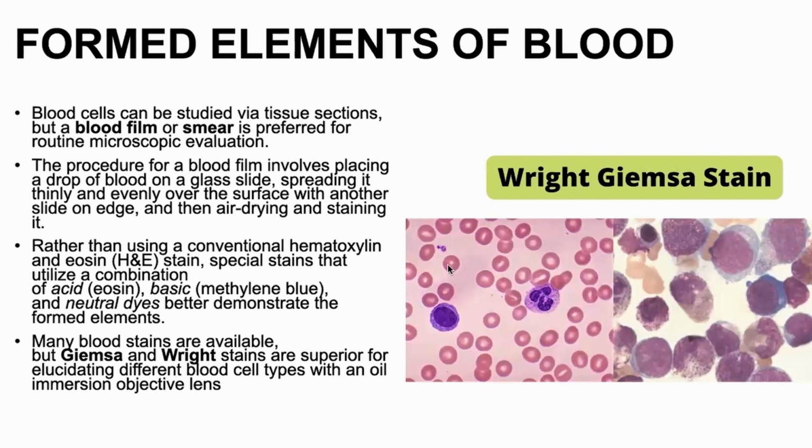In the red blood cells, you can see this central area of pallor, they call it, where you would normally expect to see the nucleus. This is a result of the biconcave shape of the red blood cell itself. This is just stating the different types of stain, the Giemsa and the Wright stain, that are commonly used to look at the cells in the blood.